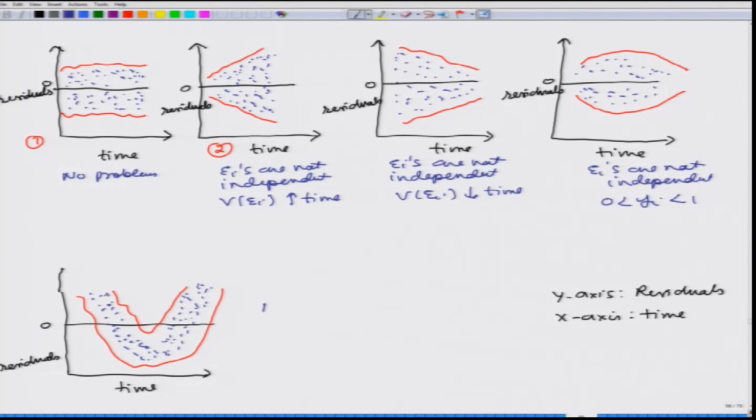And in this case we conclude that there exists a non-linear relationship between y and xi's. And these graphics again can be obtained using any statistical software.